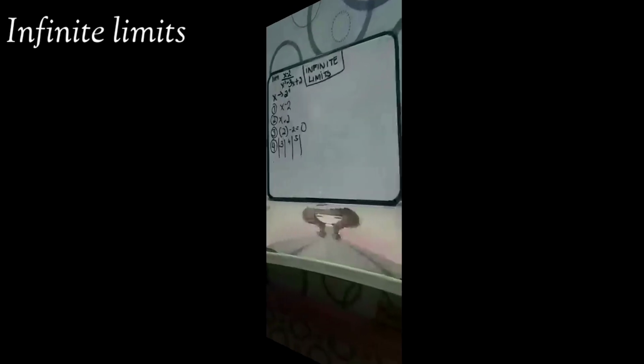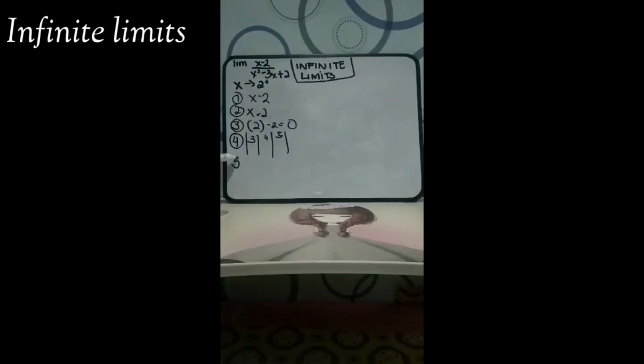Next natin ay substitute na natin si step 5. So, kunin natin denominator. X squared minus 3x plus 2. Substitute natin. 3 squared minus 3 times 3 plus 2 is equal to 9 minus 9 plus 2.